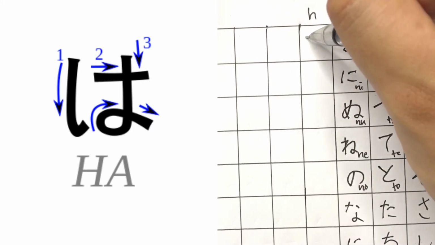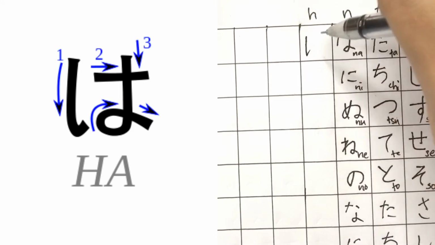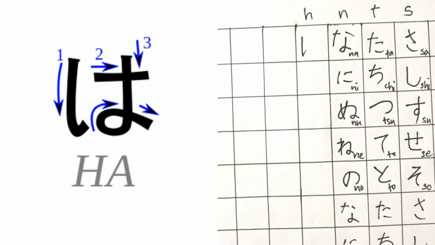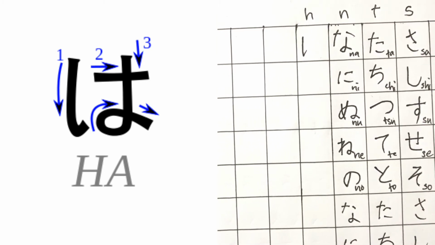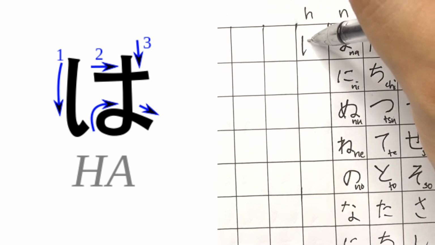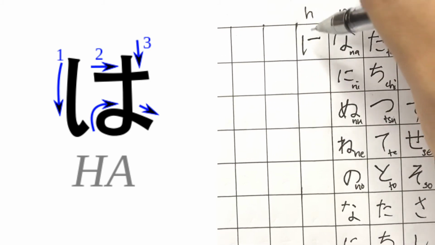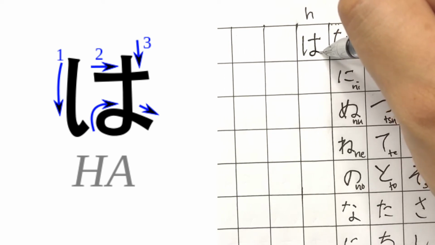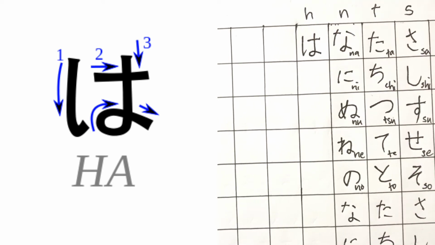The next column is for the H consonant. We start from the character ha. Just like we start with this one, just like the character ke. Then 2, 3, turn, ha.